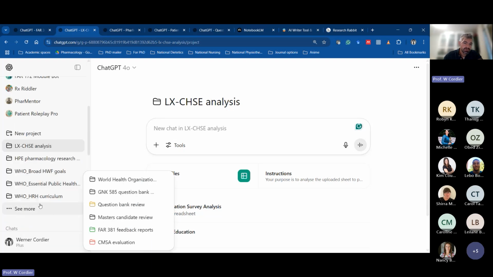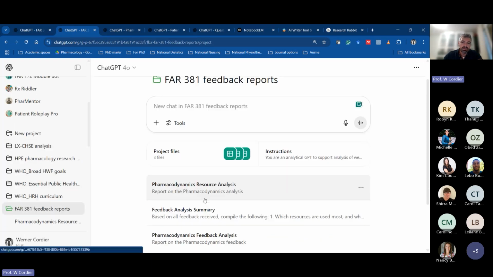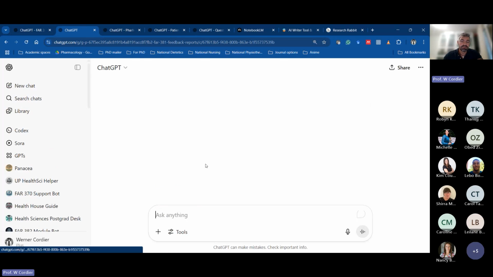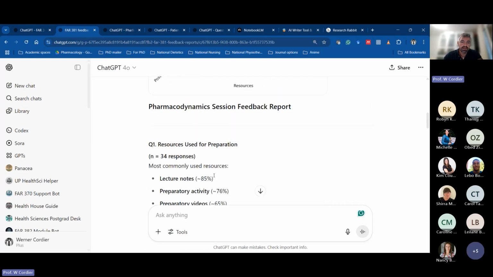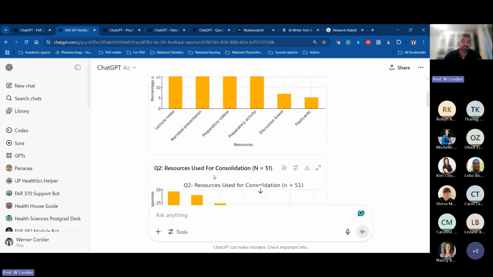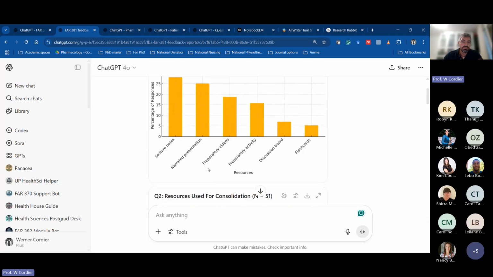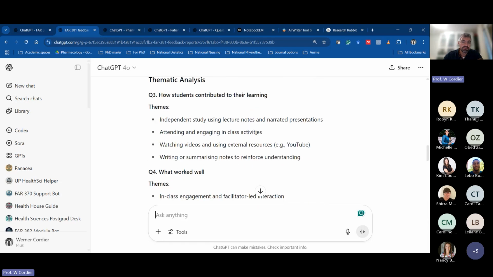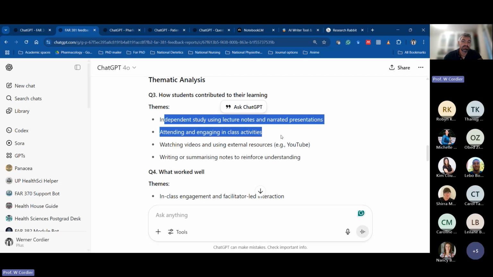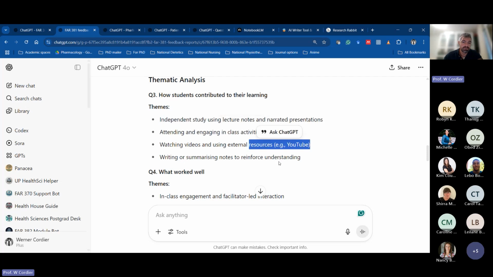The nice thing, for example, with this feedback report is that you can do a longitudinal analysis as well. So when looking at a variety of sessions that we presented, we saw that across the board, lecture notes were continuously being used as well as narrated presentations, while flashcards were very often not used. And if we look at some of the feedback, students continuously said independent studying, attending the classes and using some external resources.